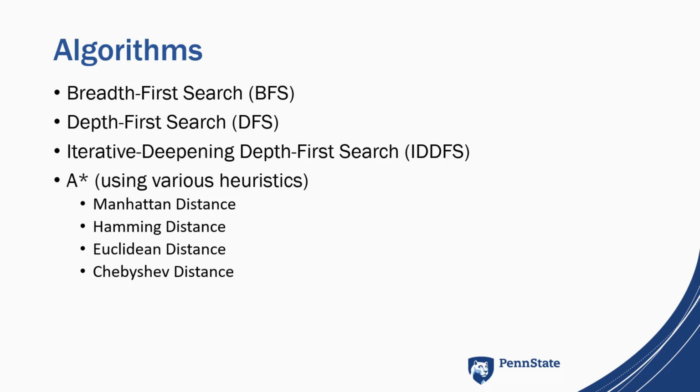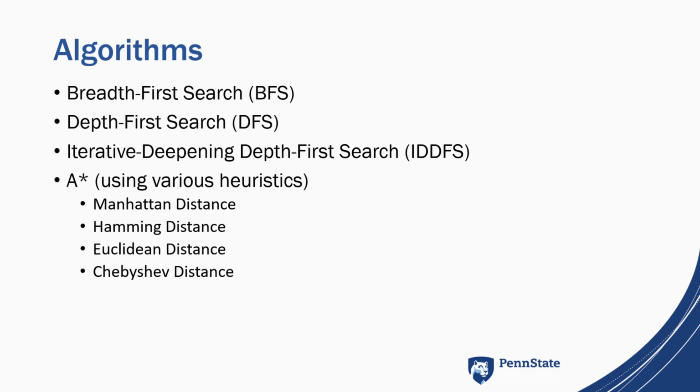IDDFS performs DFS with an increasing depth limit, effectively combining the depth-first approach with the breadth-first guarantee of finding the shortest path. It strikes a balance between memory usage and completeness, making it more efficient for deeper search trees.